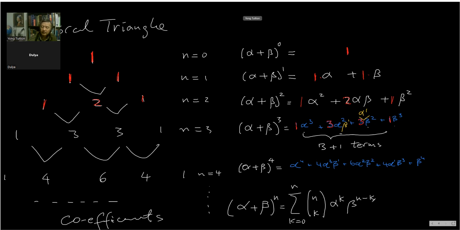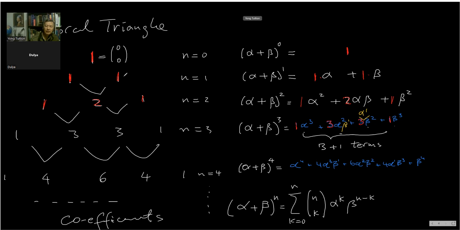If you combine this formula, you know that the first term here is when n equals 0, and k equals 0, because k is from 0 to n.